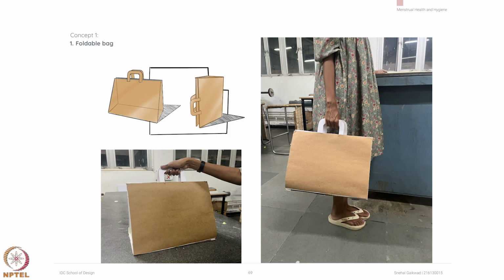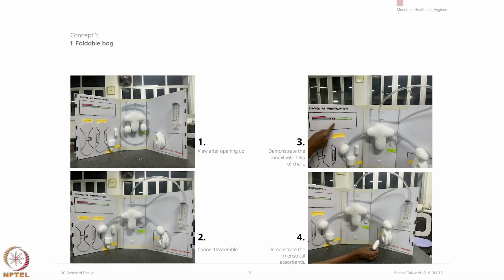We can show them how to insert and so on. After opening the bag there will be one working model, the rig that I showed, in the center here, and all the absorbents placed here, which will be used to demonstrate how to wear a tampon or a menstrual cup.